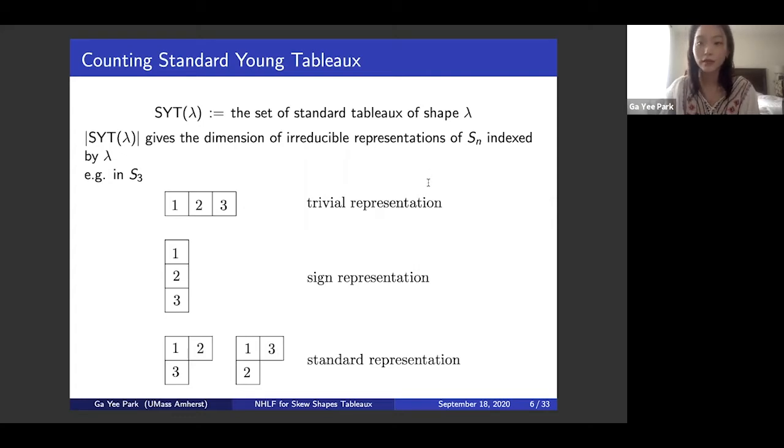We already know that the dimension of the trivial and sign representations is 1, and there's only one way to fill out these Young diagrams so that rows and columns are increasing. As for 2, 1, there are 2 different ways, as I showed in the pre-seminar. And indeed, the dimension of the standard representation is 2 in S3.